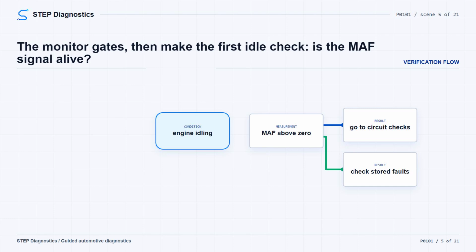P0101 only evaluates after a specific set of monitor gates is satisfied. For this code, those gates call for ambient air temperature warmer than -20 degrees Celsius, -4 degrees Fahrenheit. Battery voltage is greater than 11 volts. Barometric pressure, greater than 70 kPa, 10.15 psi. EGR position sensor, less than 1%.